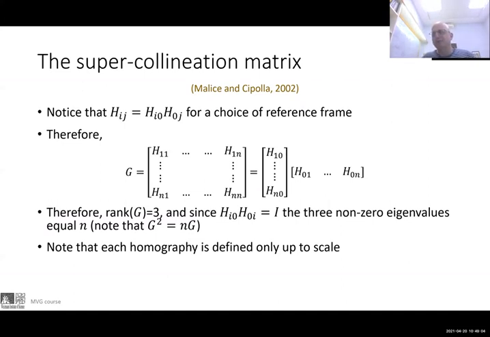So I don't want to use homographies if this is not the right model. So what can we use? We will talk about that. You should use essential matrices, fundamental matrices. We will get to that later in the course.